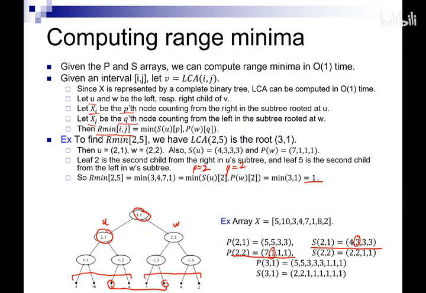Basically, the reason this works is because we have a node I over here, and you have the S array. What does the S array tell you? It tells you that if you start from this node and go leftwards, what is the minimum value?